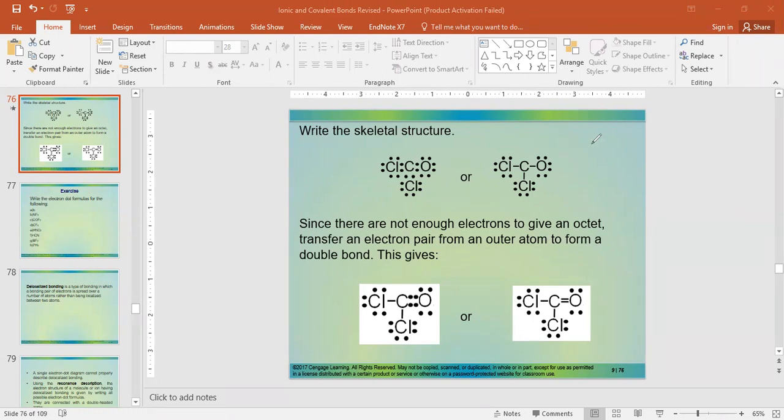So let me draw this. Let me draw carbon here, and then put an electron here, an electron here, an electron here, and an electron there. Are we together?